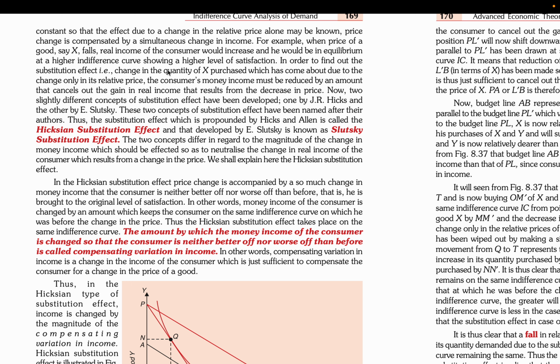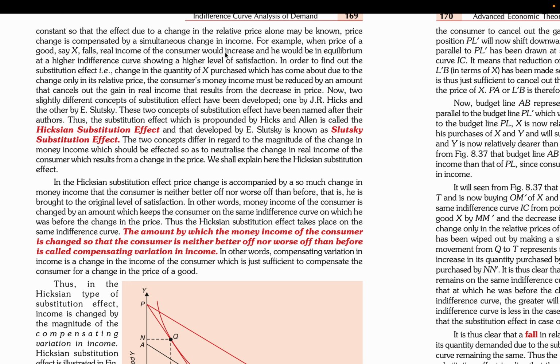Real income increases because if the price of a good is falling, you have more money in your hands, even when the income has not really changed. Okay, this is called real income rising. I hope that makes sense.